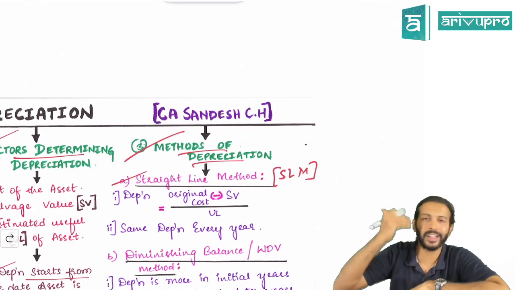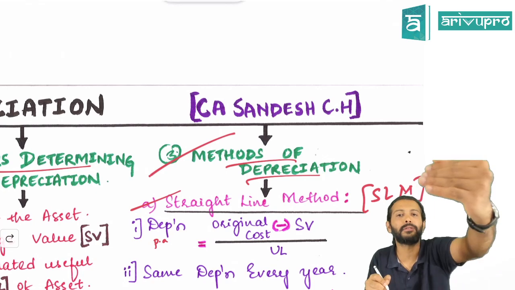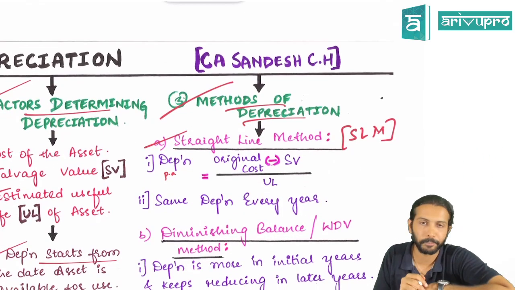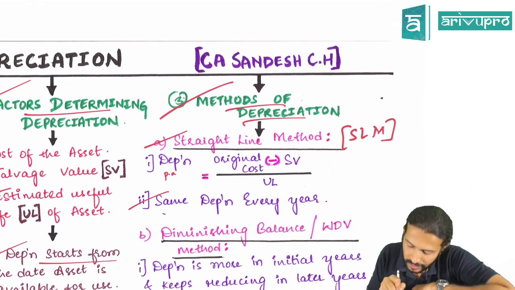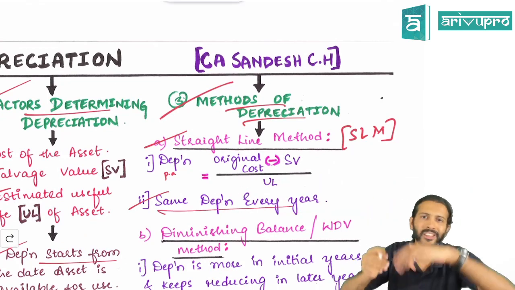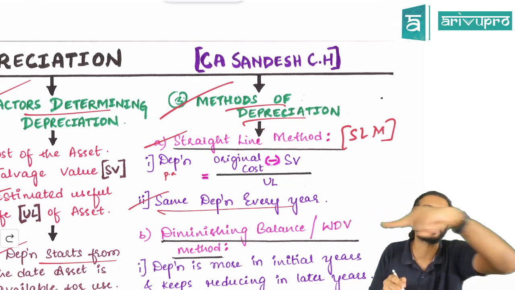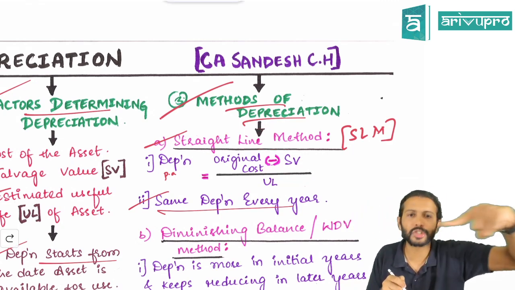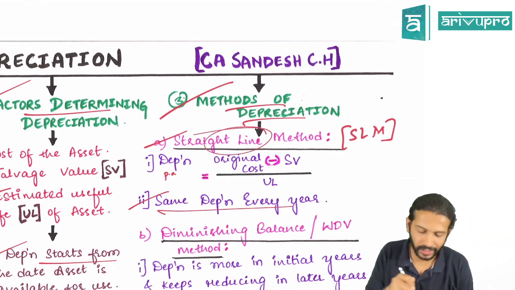If you do that, you're going to get depreciation per annum, meaning how much depreciation you get every year. One feature of the straight line method is that the depreciation you account is the same every year. Depreciation will be like a straight line, meaning it will be the same every year. Hence the name straight line method.